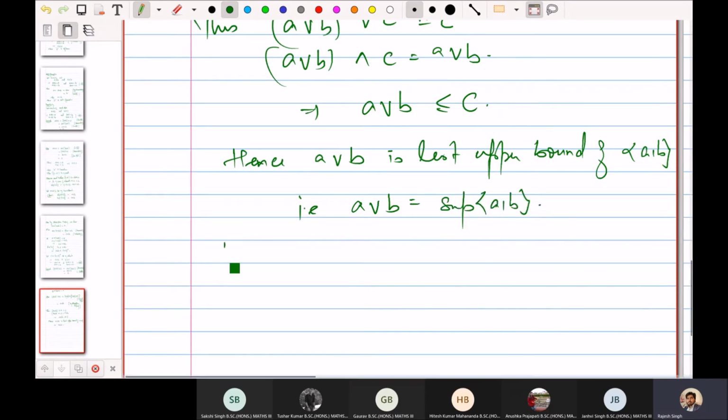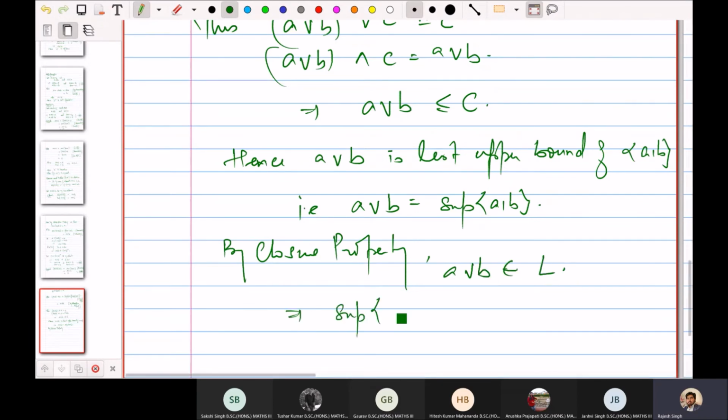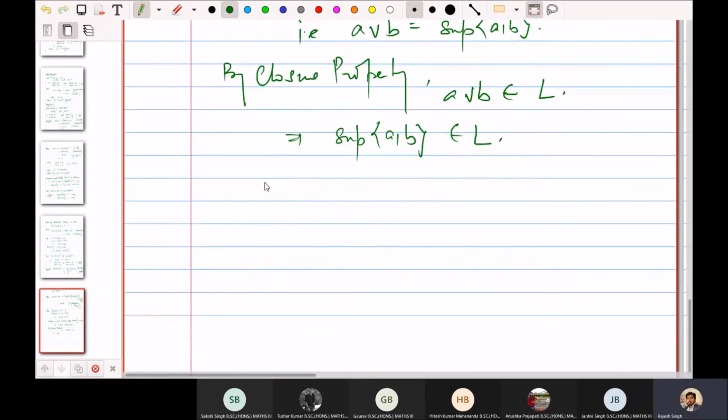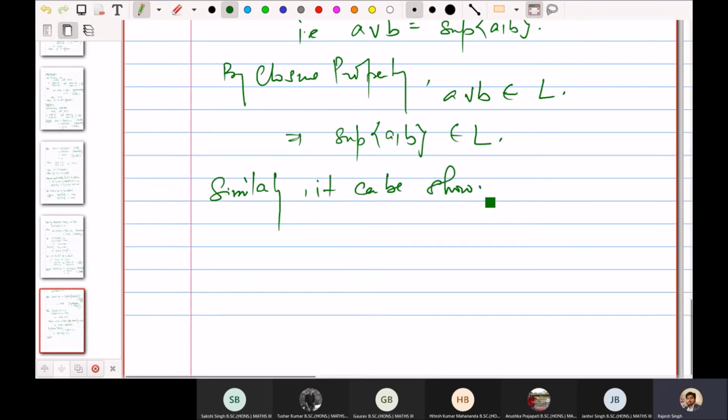Now by closure property, A cup B belongs to L. So this implies supremum of AB belongs to L. So similarly, it can be shown that infimum of AB belongs to L.